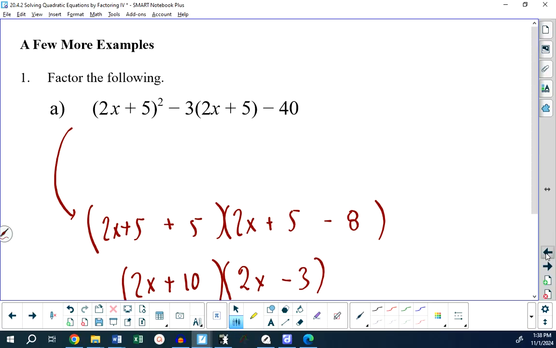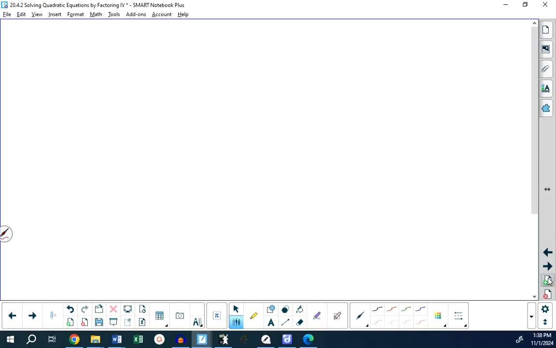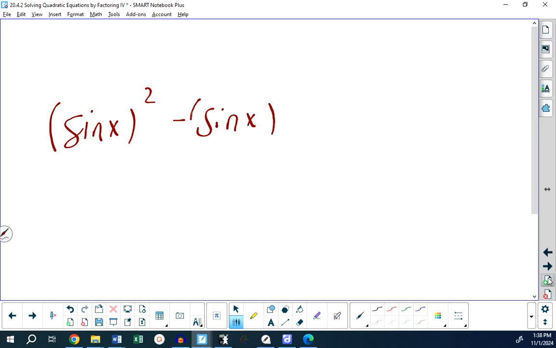See, where this is going, everybody, is eventually, like in Math 30, you'll have to factor things like that. It's written a little bit differently in Math 30, but I don't want to add more than I need to here.